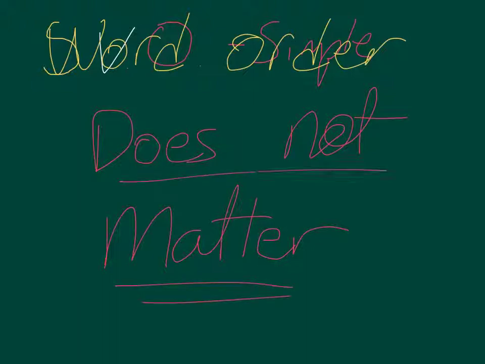In Latin, it's not important. There is a standard Latin word order in which you'll see most of your sentences, but some sentences might appear in a variety of different orders and still mean exactly the same thing. And that's when we come back to this idea of Latin being a highly inflected language.